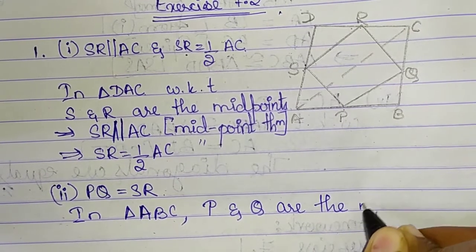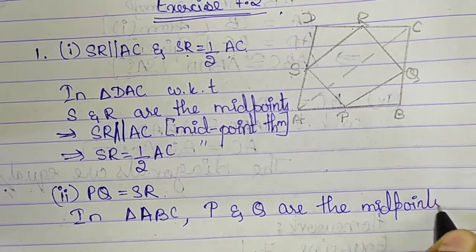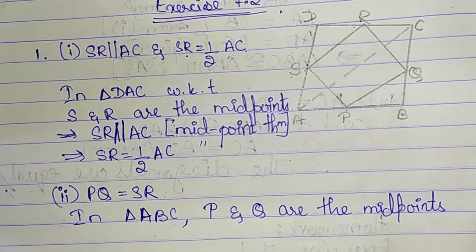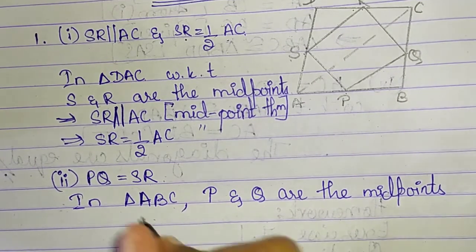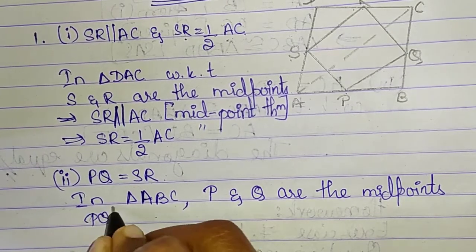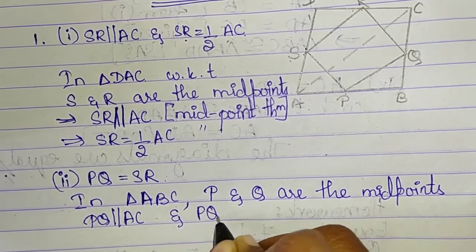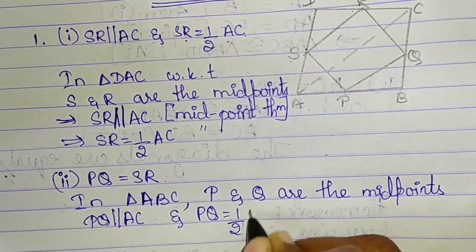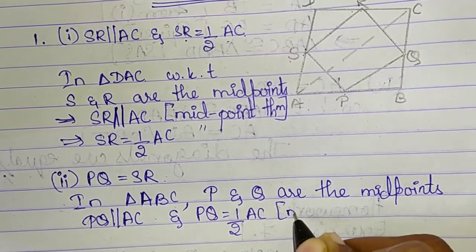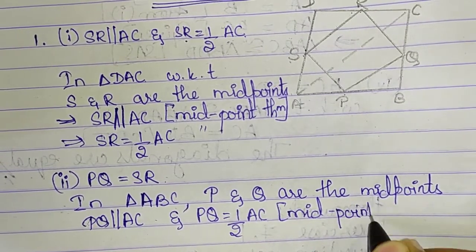It was given. So according to the midpoint theorem, we have PQ is parallel to AC and PQ is half of AC by the midpoint theorem.